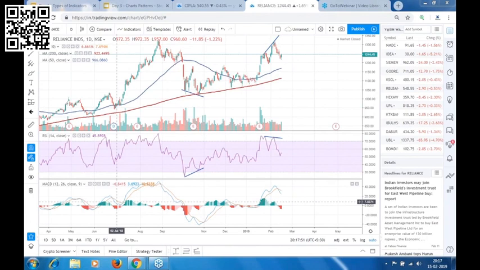Now if your MACD is below the signal line, then your histogram will also be below the zero line. And when your MACD is moving in an upward direction, then your histogram will move above the zero line. So this also gives us a buy and a sell signal. Fine with it?